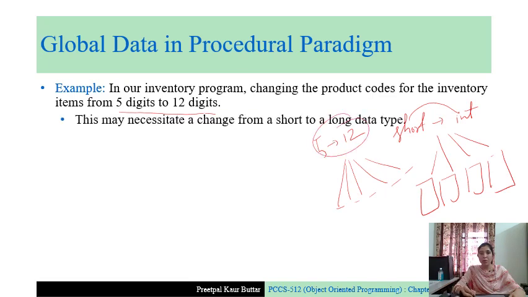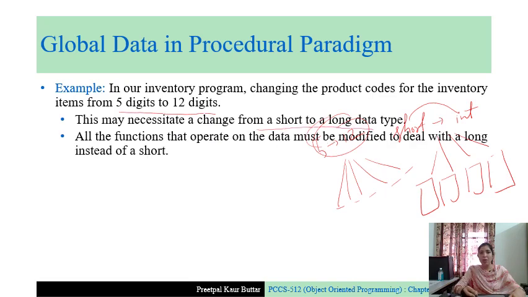This same example, from 5 to 12, might necessitate a change from short to long. All the functions that operate on the data must be modified in order to deal with a long data type instead of a short.